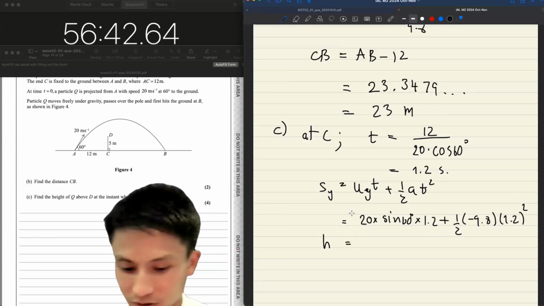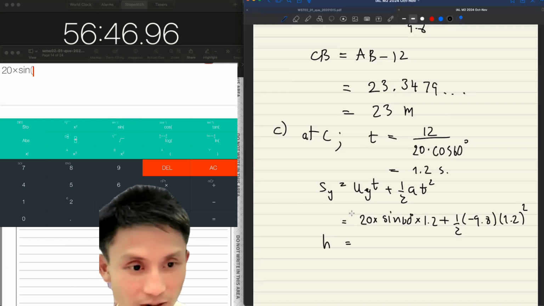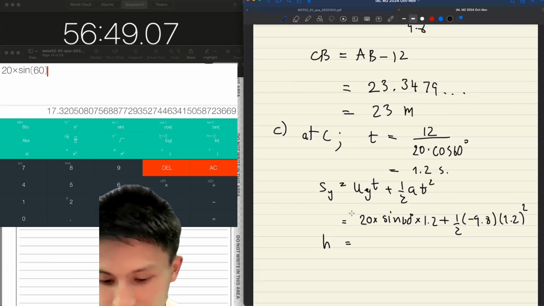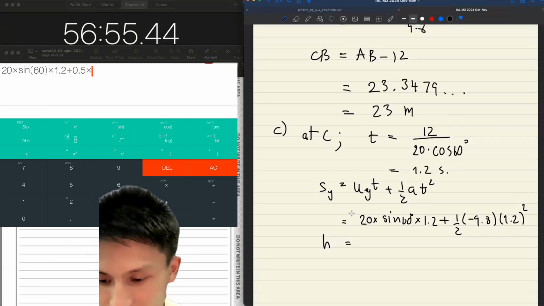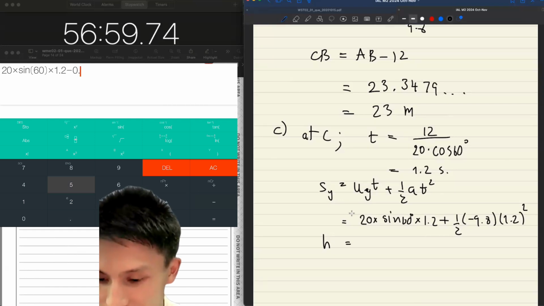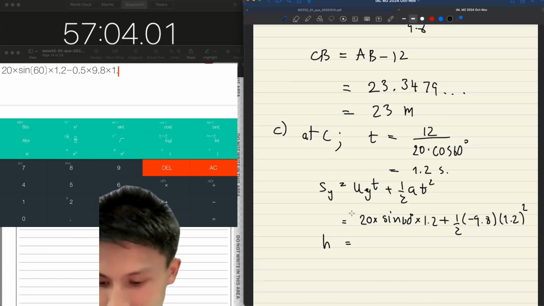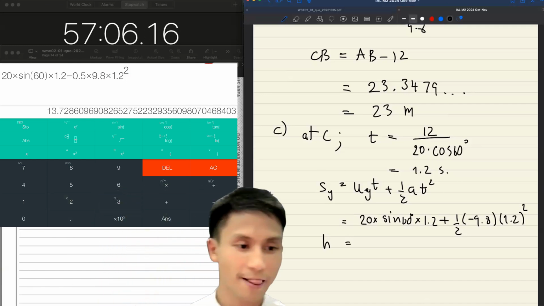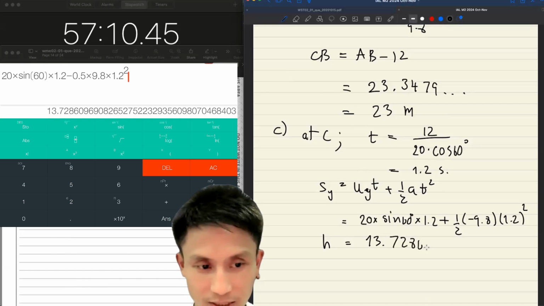So let's do calculator: 20 times sine of 60 times 1.2 plus 0.5 times, let's do a minus here because we have a negative term there, times 1.2 squared. So I have 13.7286, and so on.